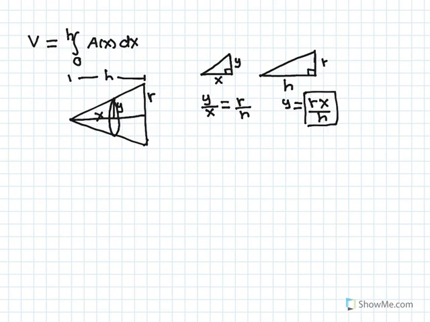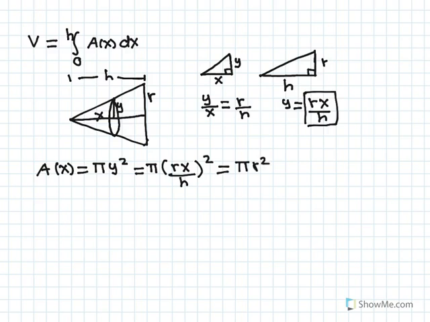So earlier we found that the area as a function of x is defined as pi times radius squared. Well, the radius is y, so it's pi y squared. But we need this to be a function of x so we can integrate it with respect to x. So this is pi times (r x divided by h) all squared. If we open it up and simplify, we get pi r squared x squared over h squared.